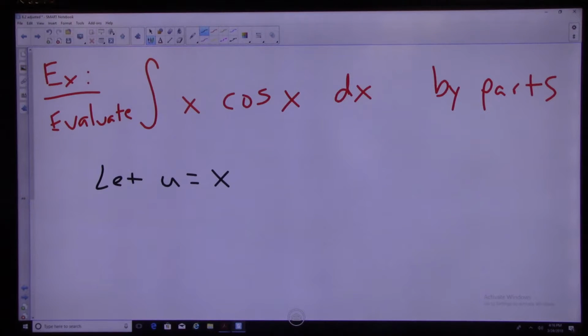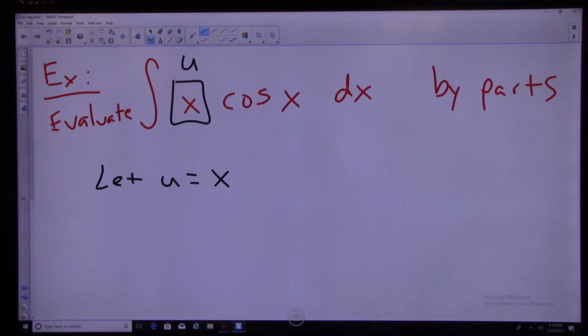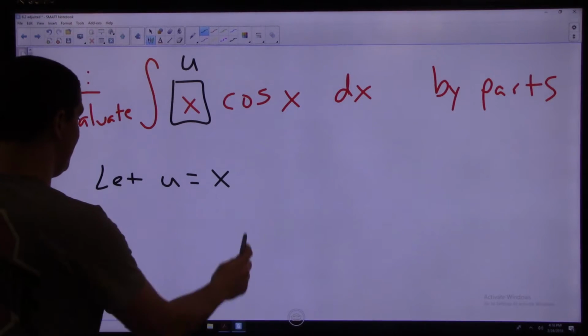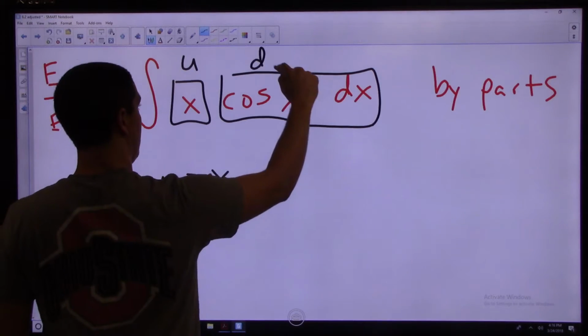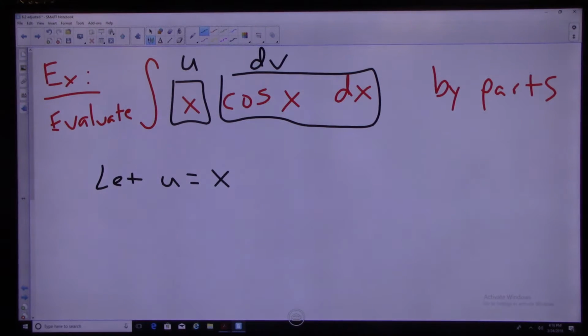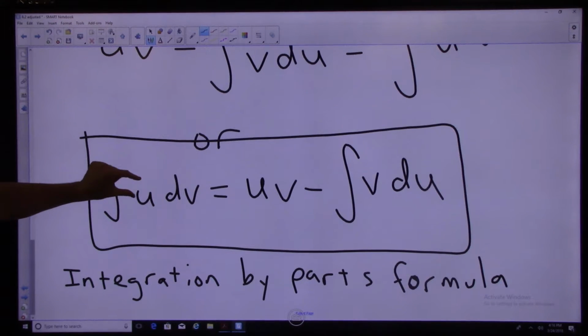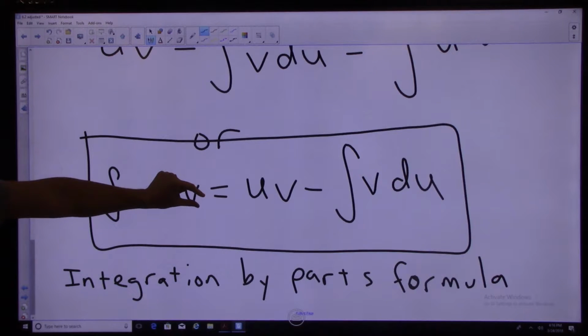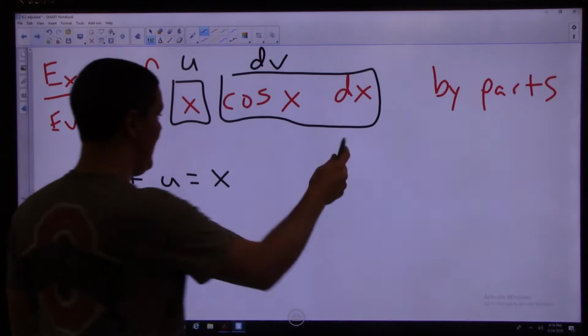So this right here, I'm going to let that be u. U is going to be the same thing as x. Now, I'm going to let dv be this whole stuff right here. I want to write this integral, to use this formula, as the integral of u dv. So I'm going to let x be u, and I'm going to let cosine x dx be dv.